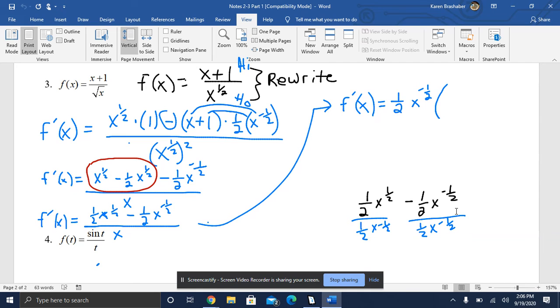And I want you to see what happens. Well, first of all, the 1/2s cancel. Second of all, your x's, when you're dividing, your exponents subtract. So the subtraction is 1/2 minus negative 1/2. Well, 1/2 minus negative 1/2 becomes plus positive, and 1/2 plus 1/2 is 1, and that becomes your exponent. So you have x to the first power for that first term.